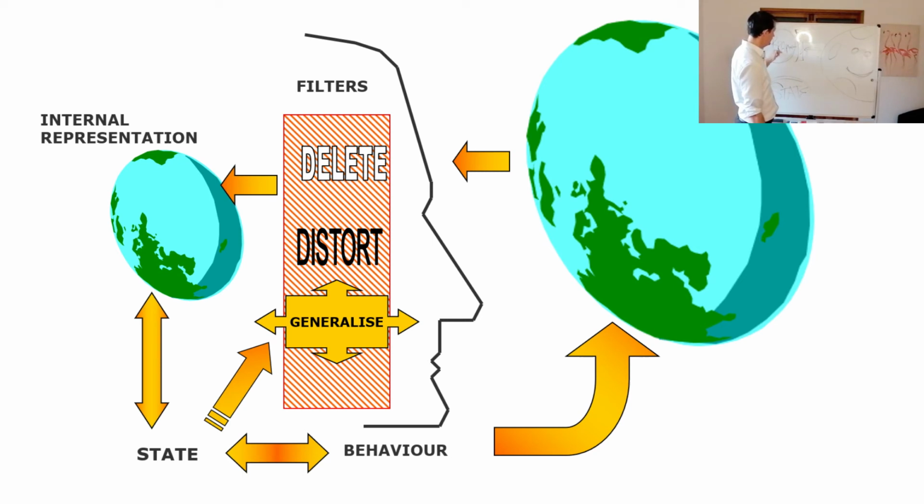We get our linguistic representations. We have our state. The filters, the linguistic representations, and the state are all interconnected. The result of all these is a lot of points where we can make interventions and get leverage. The result of all this is our behavior. Got that? Have a look at the picture, have a look at the map.